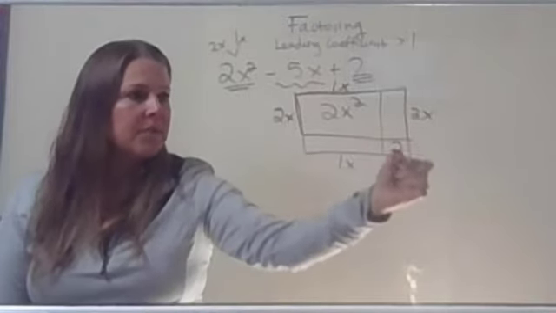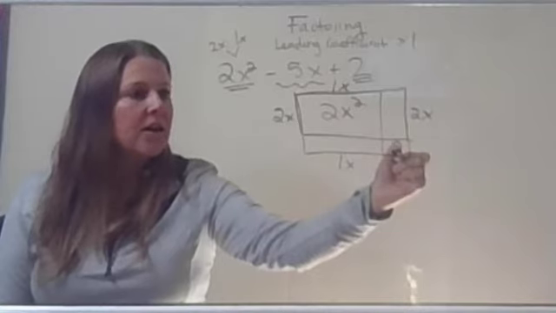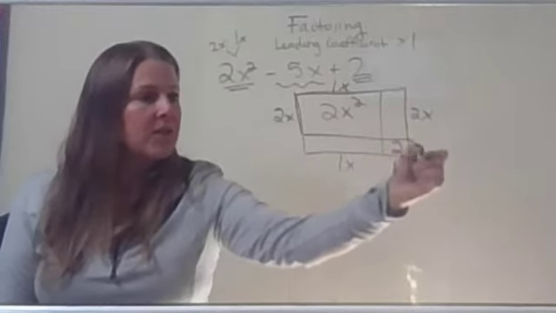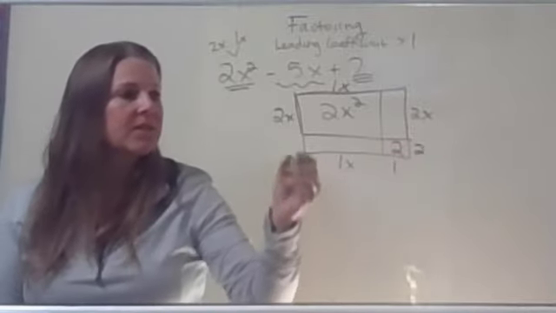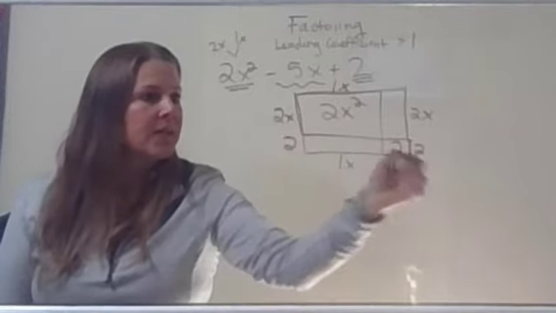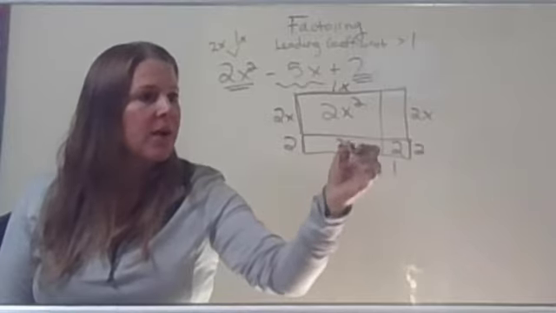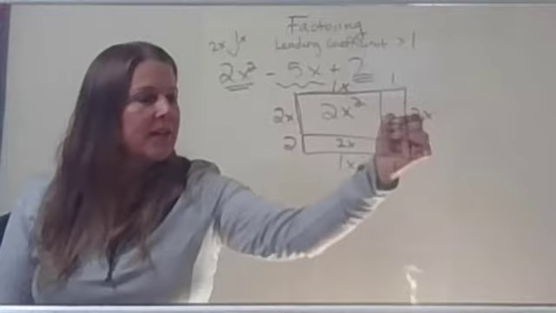Now, this thing that multiplies to give you 2, it has a dimension of 1 and 2. So we'll go ahead and just put the 1 times 2 and see if this works. So if this is 2, because of this, 2 times 1x is 2x. And if this is 1 because of this, 1 times 2x is 2x.